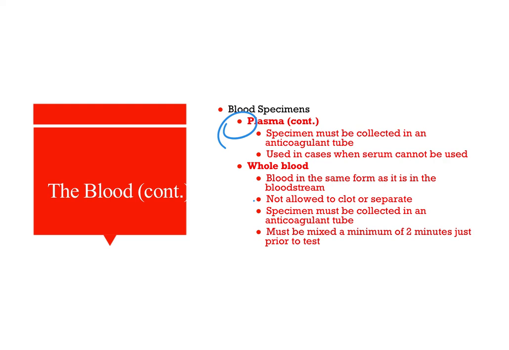So before we go to run the test or process it, we need to make sure that it is mixed a minimum of 2 minutes prior to testing. Now you're thinking, I'm a phlebotomist. I won't be doing the testing. There are some tests and some procedures that you will be doing depending on the office or facility you work at. And there's a lot of stuff that we can do that we're trained on, and it's really cool.